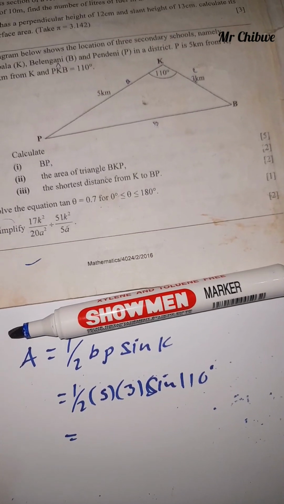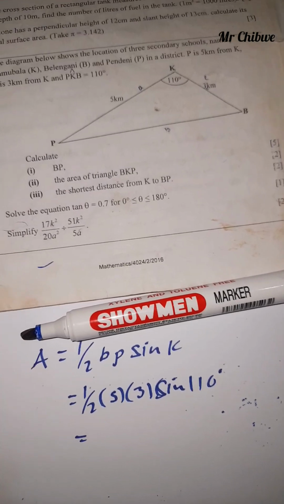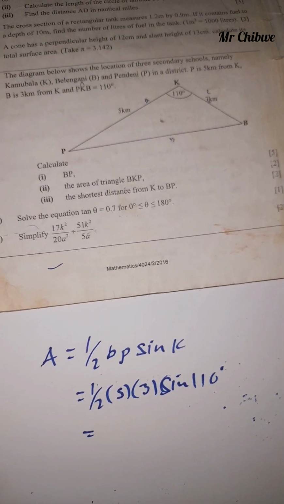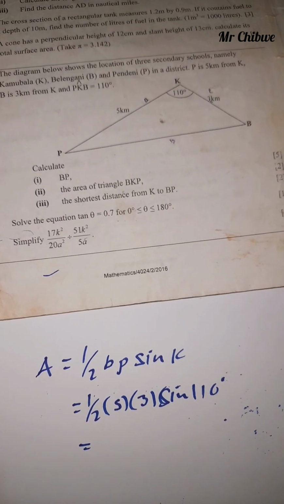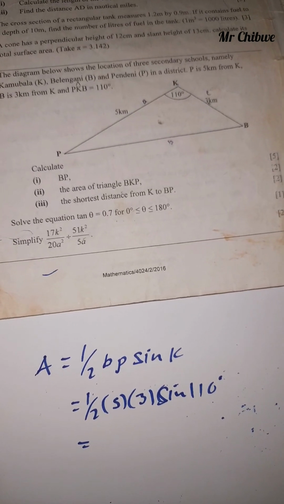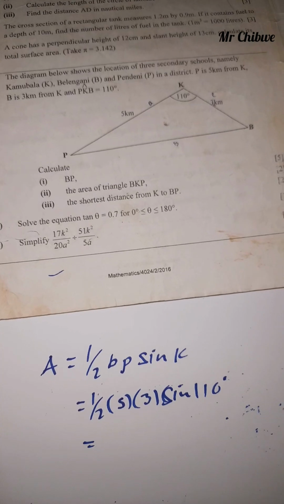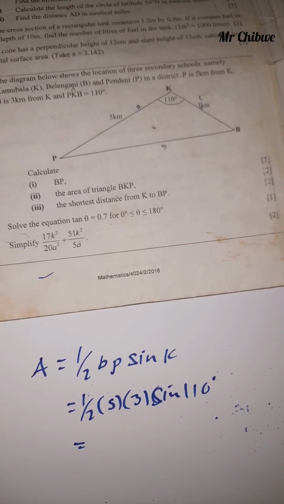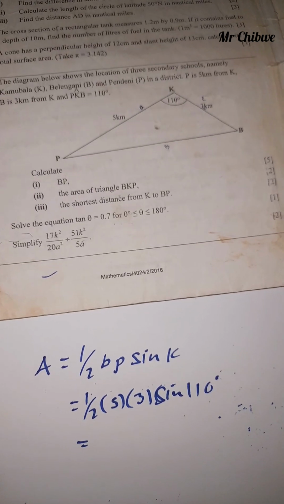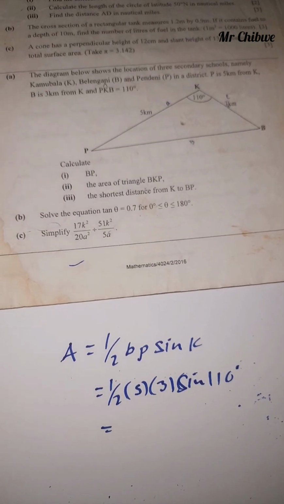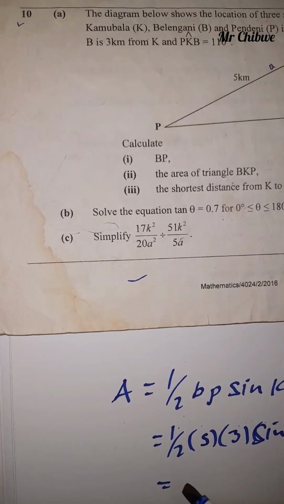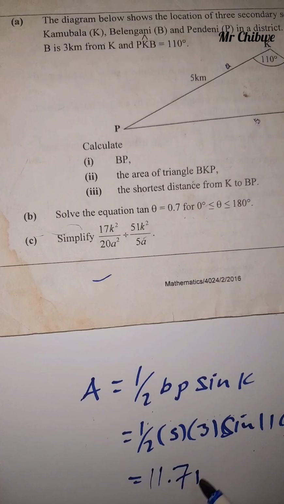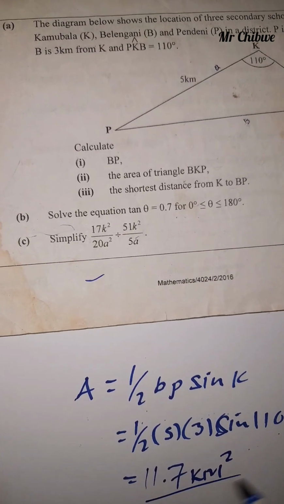0.5 multiplied by 3 multiplied by 5 sine 110, the answer is 11.7 kilometers squared.